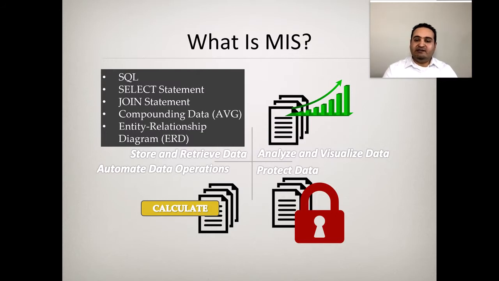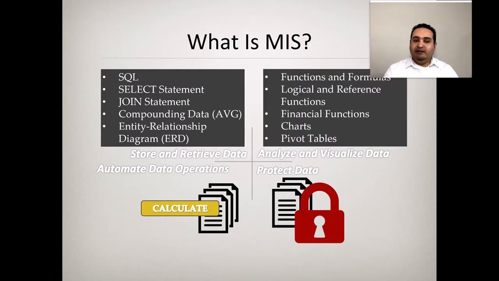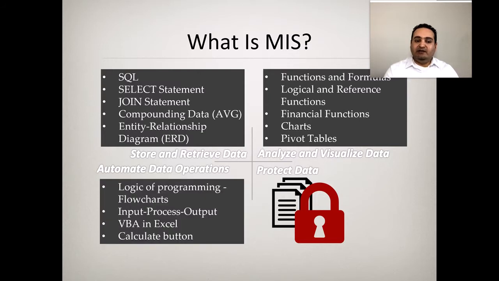We have learned SQL, retrieving data from one or multiple tables using compound data, and then we learned about entity relationship diagrams. For analyzing and visualizing data, we learned about the different functions, logical and reference functions using if statements, and financial functions, charts, pivot tables, and programming.